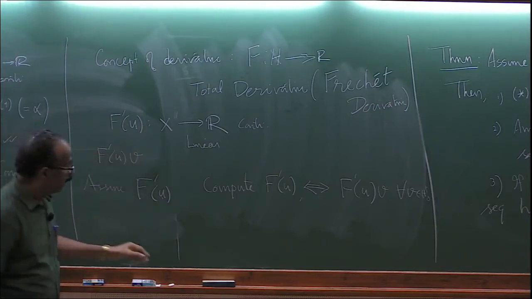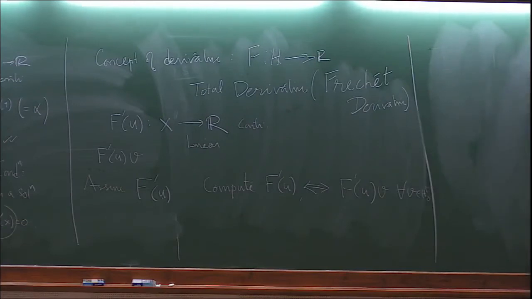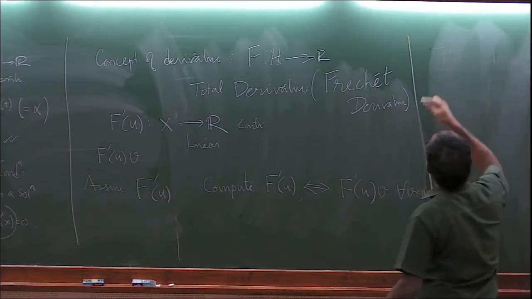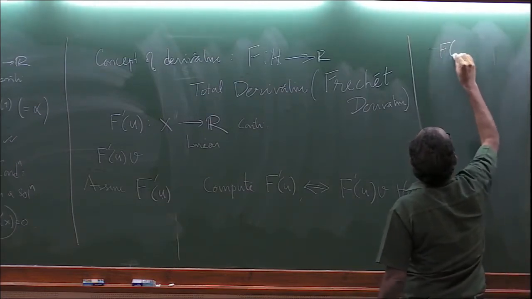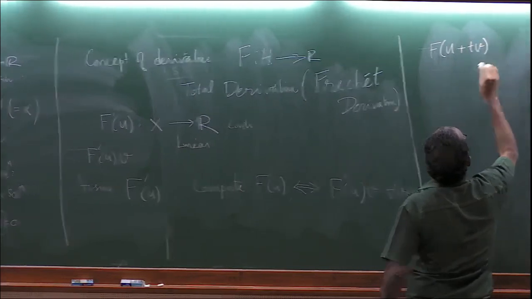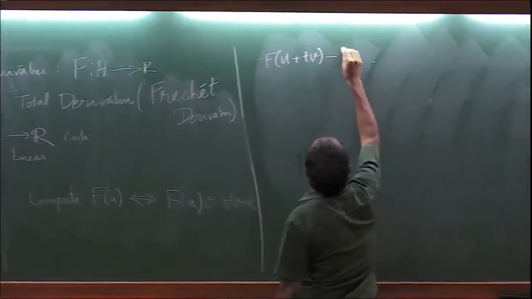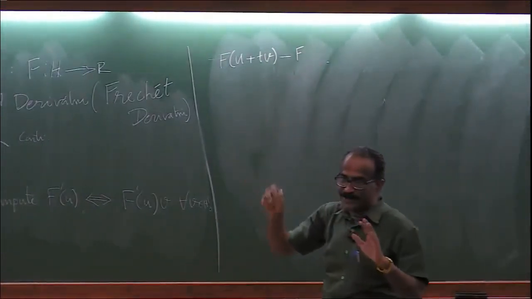How do you compute that? That's an exercise you can carry out back in your hostel room or wherever. What you do is compute f of u plus tv, it's just like that.